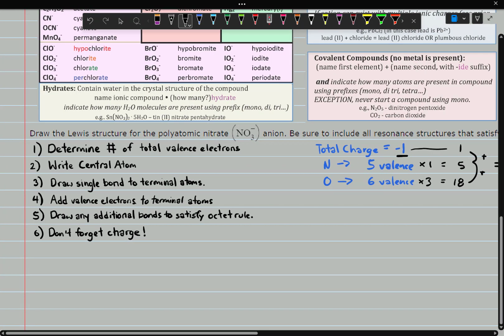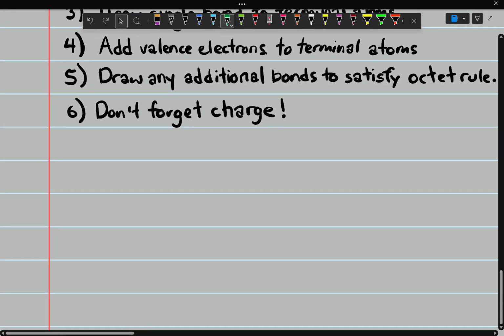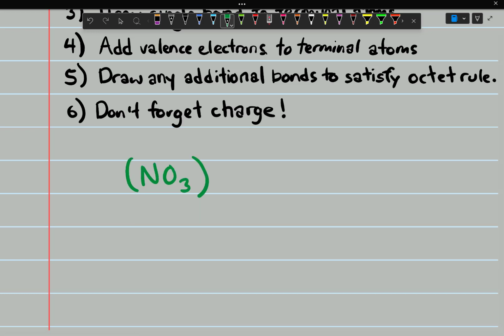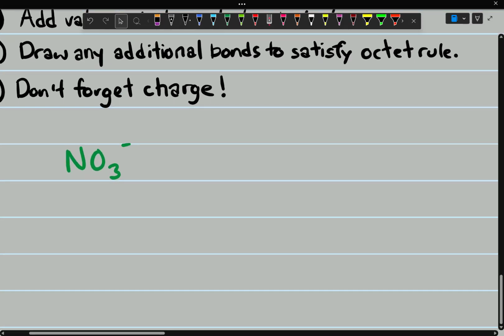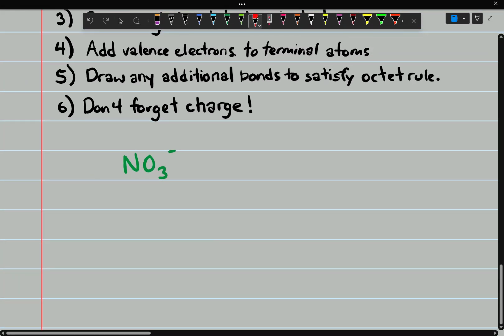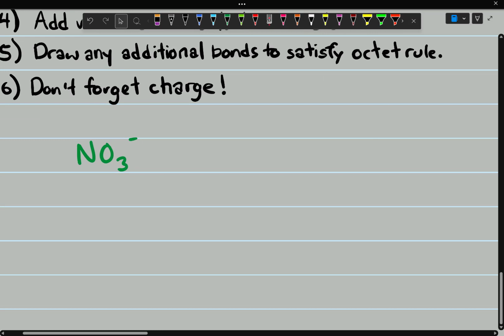The next step is write the central atom. So we'll go down here, and just as a reminder, we are writing the Lewis structure for nitrate. That should go inside the parentheses, technically. Okay, so step 2 is write the central atom. Well, we have 3 oxygens, and we only have 1 nitrogen, so we know that nitrogen is going to be the atom that everything else is connected to.